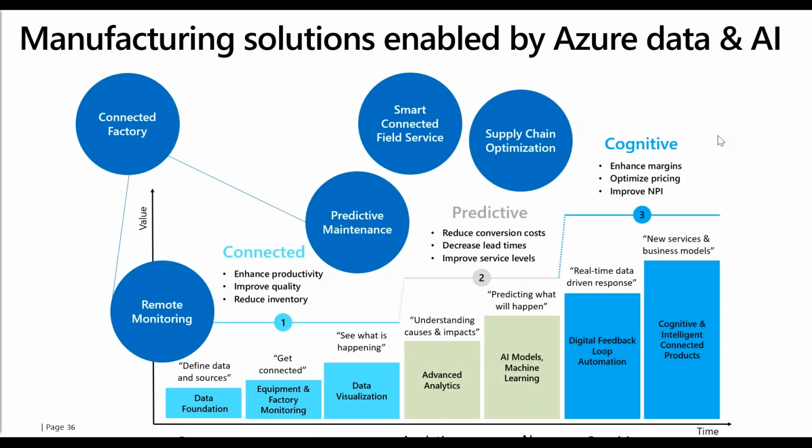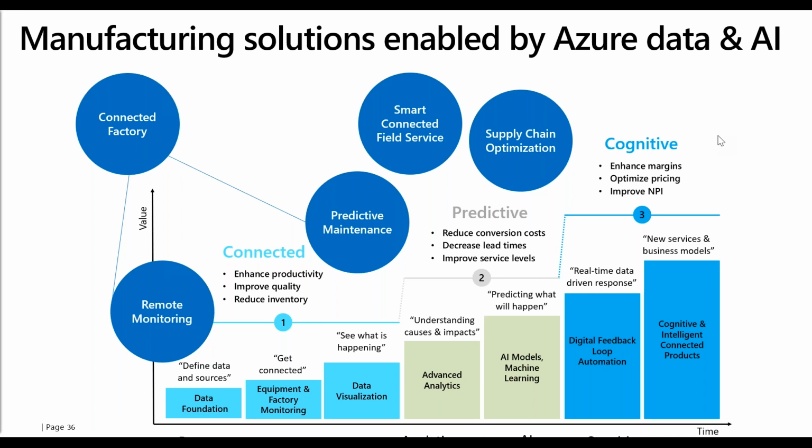So how does this all tie in together now? You see at the bottom, you've got the data on the x-axis, and you've got the value on the y-axis. Very often we talk about how we're going to start on this journey. So data foundation, bottom left corner, define data sources. Here we're talking about ERP. Get an ERP, a Microsoft ERP or another ERP, but you need a proper modern system in your organization.